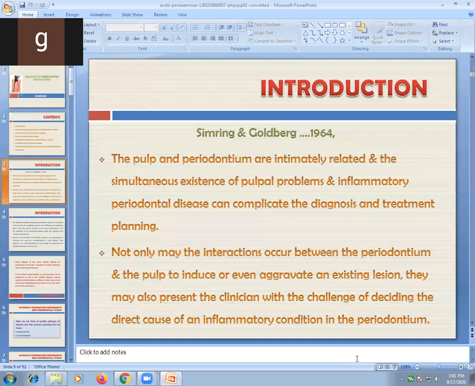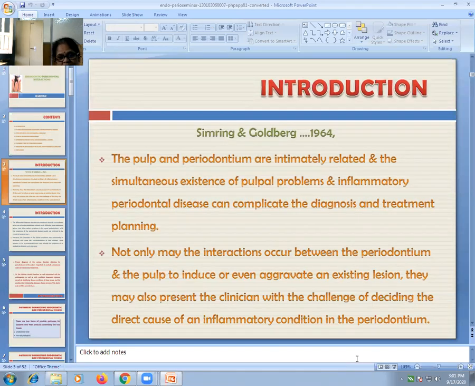So when you diagnose any disease, the origin of the disease is very important, so as not to complicate the diagnosis or treatment planning, because treatment planning will be decided according to the origin of the disease.